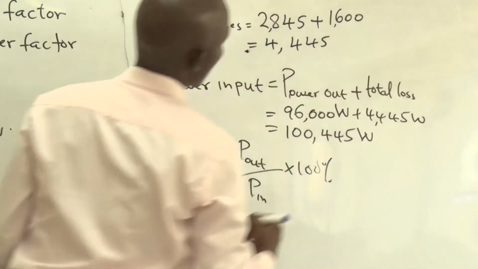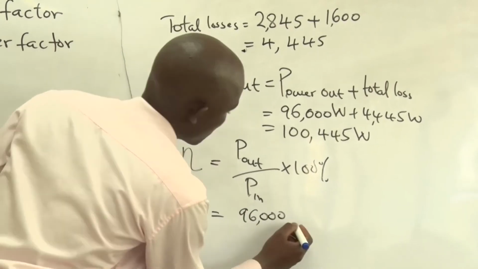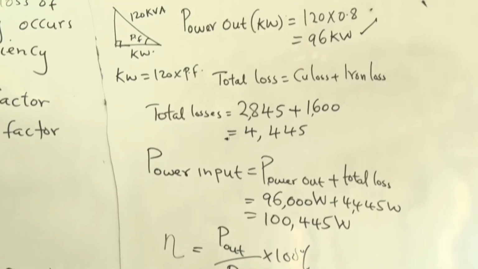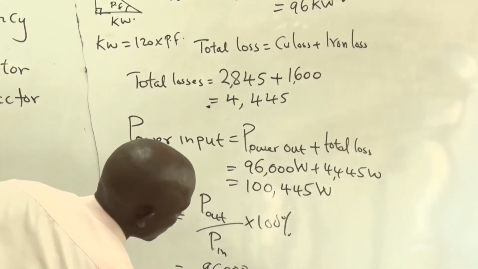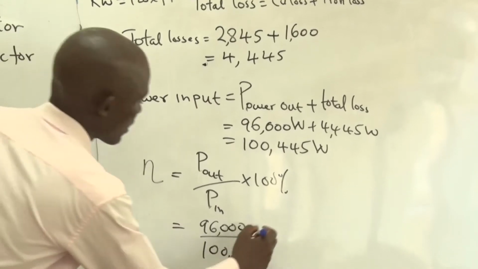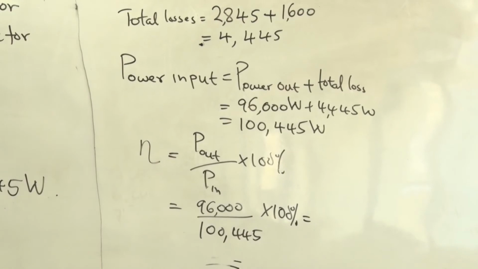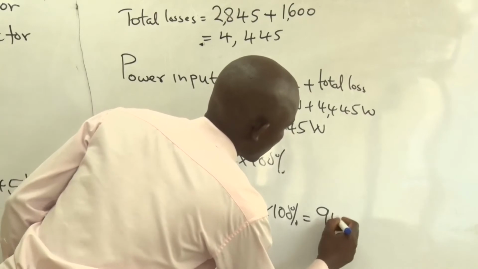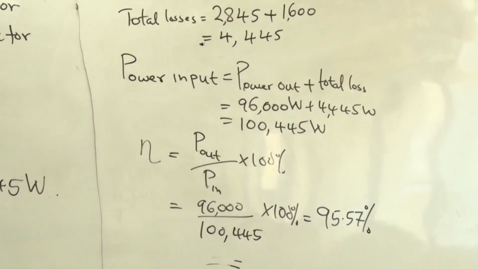Remember, this was our power output, which is 96,000 divided by the power input, 100,445. Then you multiply by 100. If you multiply by 100, you will get 95.57%. So that one gives you now the efficiency of the transformer with regards to the first question.